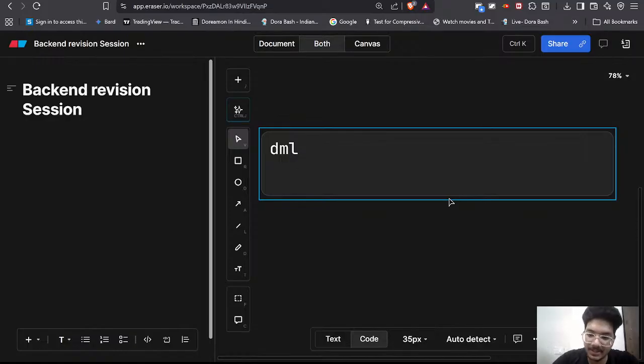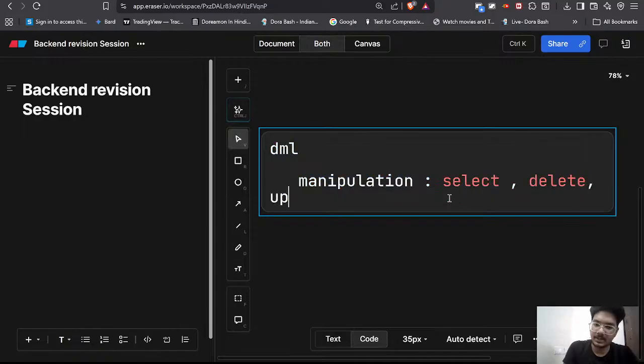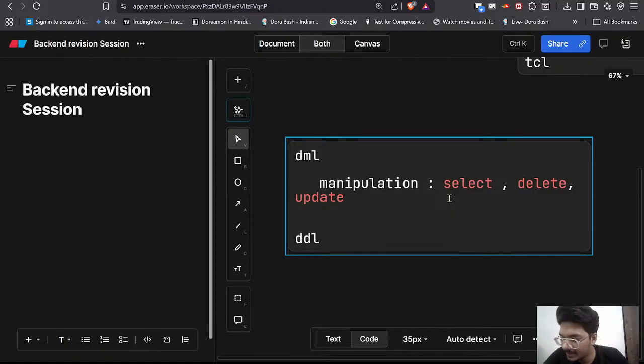The data definition language is used to define and update the data. Things like select, delete, and update are covered inside DML. When we use data definition language, we define the data.